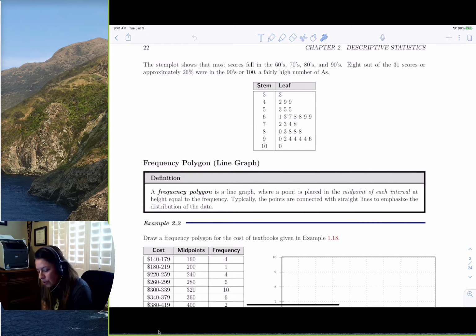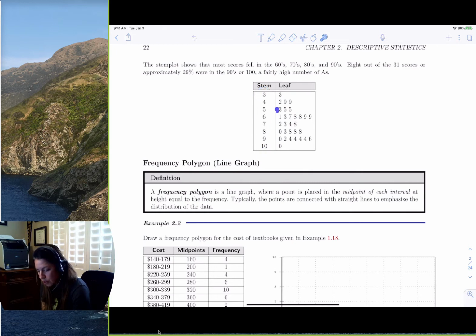essentially the scores for each test are in here, where the 30s, right, students who scored in the 30s, notice the 3 is the stem and the ones place is the leaf. So these are all going to be everything except the rightmost digit.